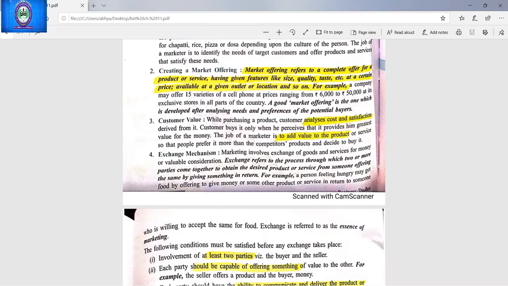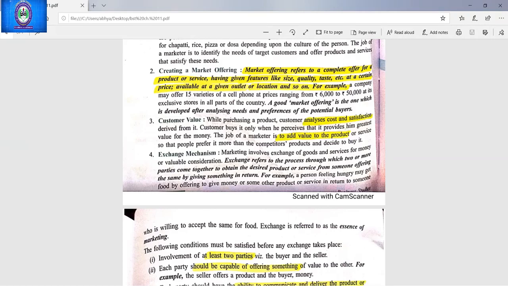Suppose your price range is up to 20,000, so many mobiles can be there within this 20,000 limit. So you will be comparing the features and the qualities offered by the different mobile handsets, and definitely you will buy the one which will be giving you the maximum features at this price. So this is the customer value. Customer value means adding value to your product in terms of the benefits, cost, and the satisfaction derived.